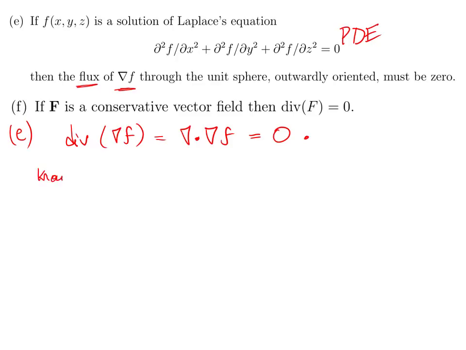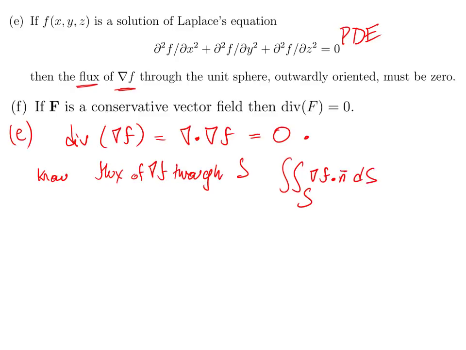So I know that the flux of the gradient of f through S, by the divergence theorem, is just equal to the triple integral over the interior of S, so over the unit ball, which I'm going to call E, of the divergence of the gradient of f. But hey, I just noticed the divergence of the gradient of f is 0, so this has to be 0. So in fact, this is true.